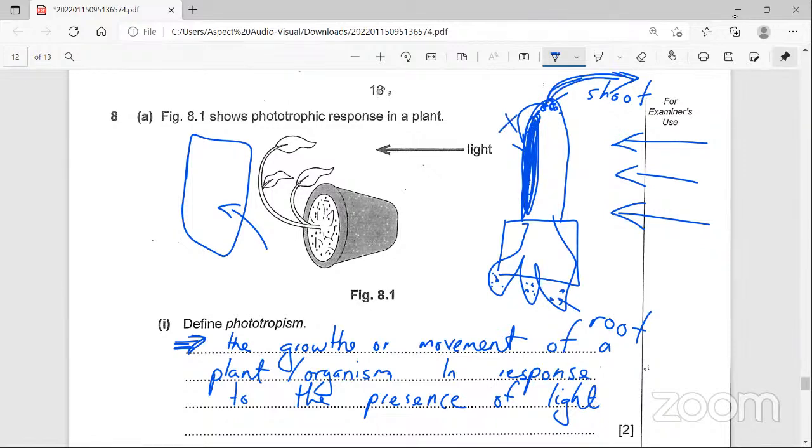So you've got more growth on the side away from light, but less growth on the side with light. That's why it bends to the right like that. Does that make sense? Which part don't you understand?